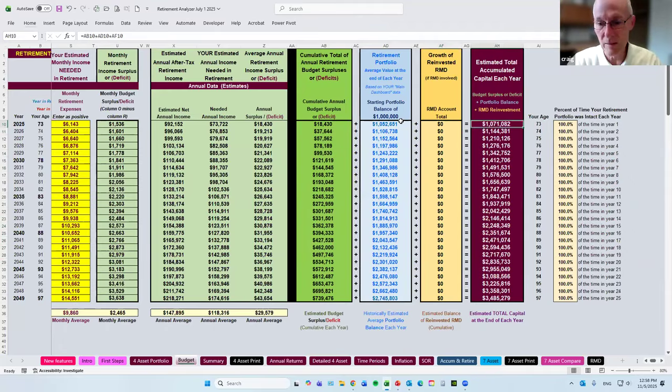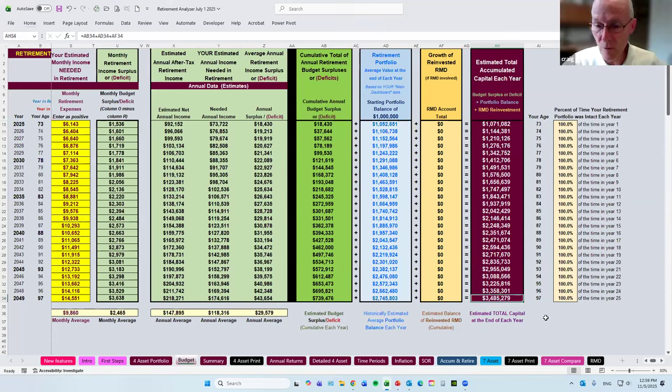That leads to this number right here, or that array of numbers. This is your estimated accumulated capital. Capital is surplus of unspent income plus your retirement portfolio balance, plus any RMD that got reinvested. That's what I call total accumulated capital.